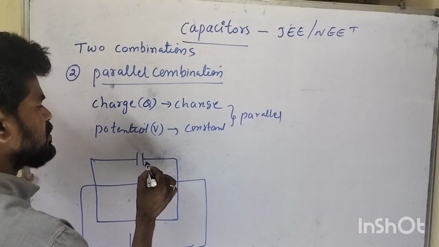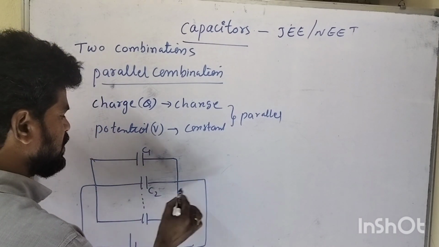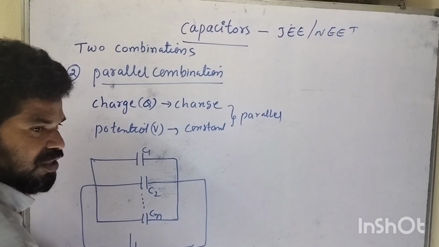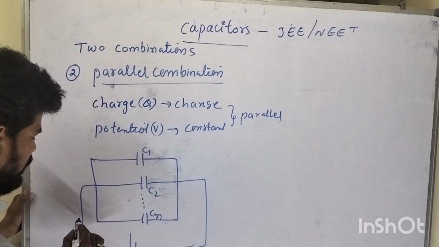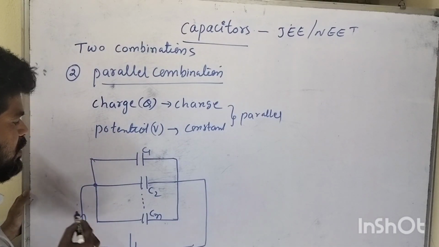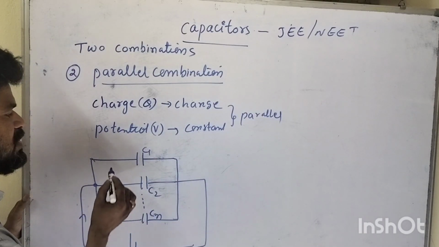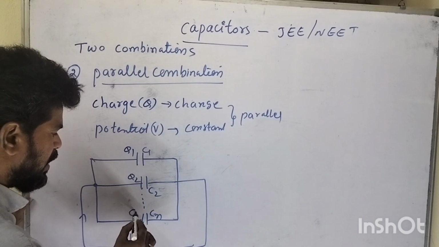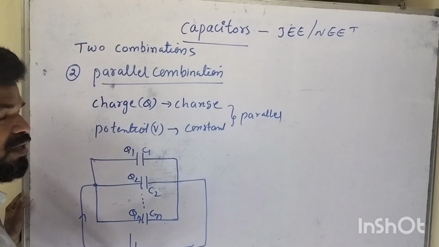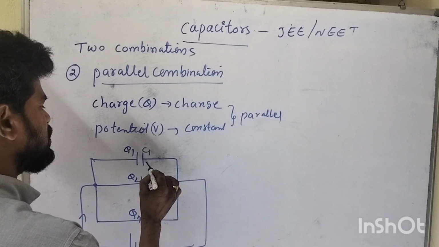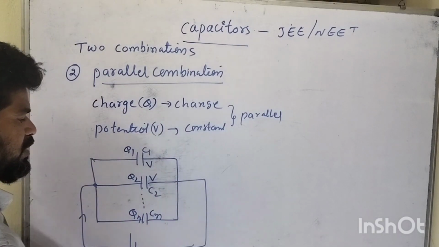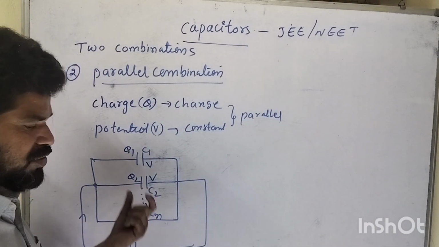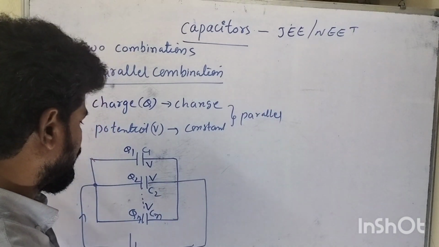So the first capacitor C1, capacitance C2 and Cn, the nth capacitor, and the potential is V. Now here you can observe at this junction the total charge is divided as Q1 and here Q2 and here Qn and so on, but the potential is constant, the potential is V, and the same here, V, and here also V. So this combination is known as parallel combination of capacitors.